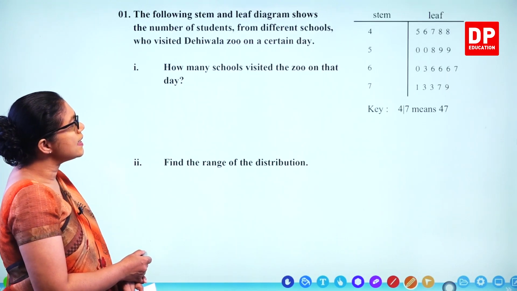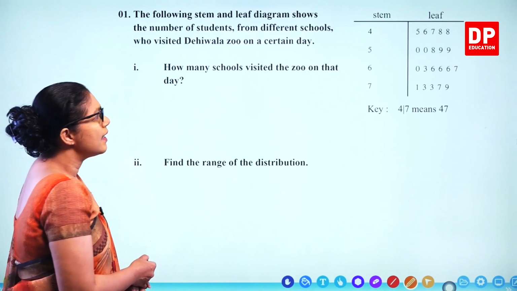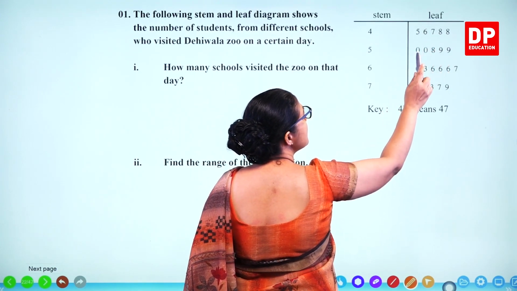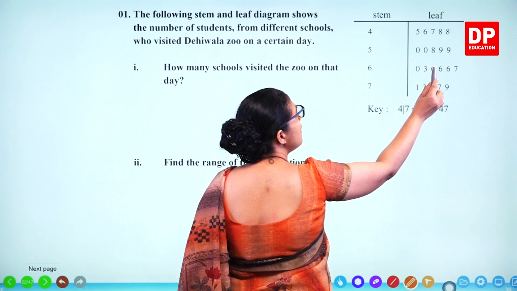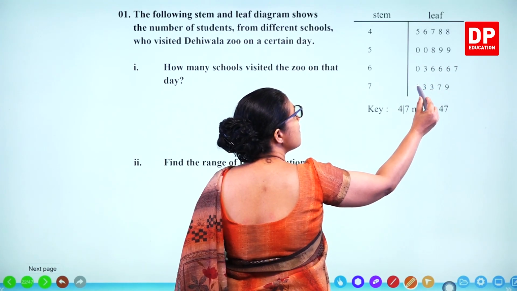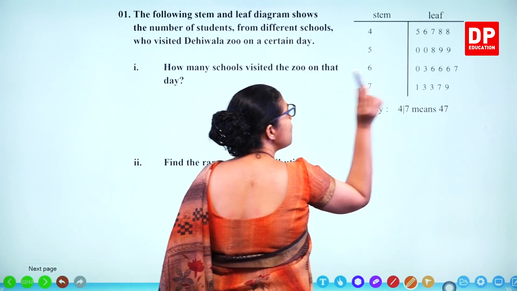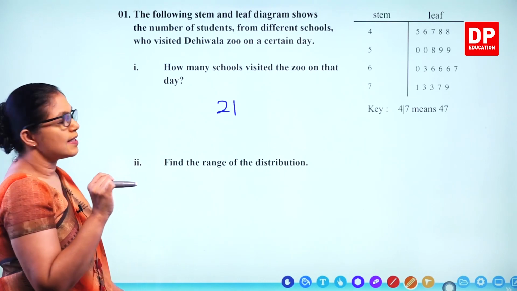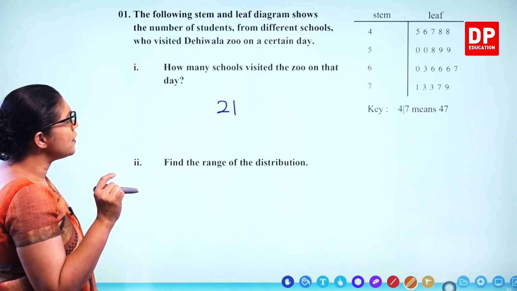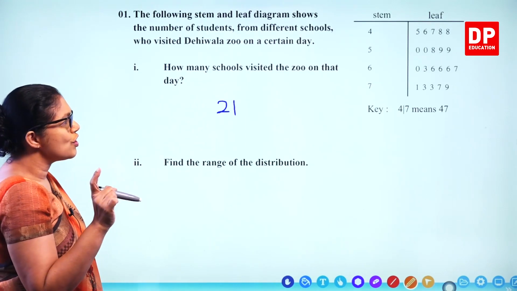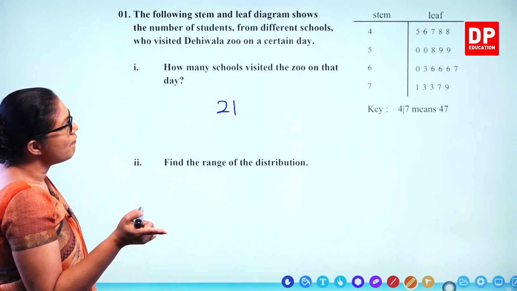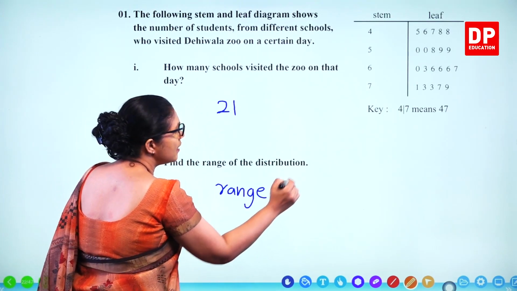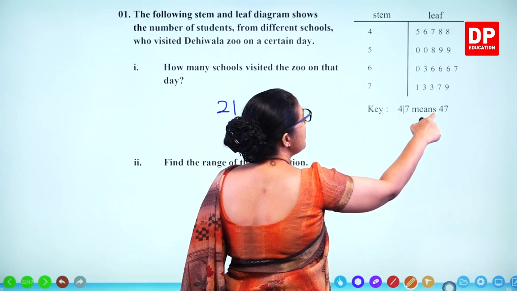How many schools visited the zoo on that day? So we can calculate, count how many are there. 1, 2, 3, 4, 5, 6, 7, 8, 9, 10, 11, 12, 13, 14, 15, 16, 17, 18, 19, 20, 21. So altogether 21 schools visited the zoo. Find the range of the distribution. How do you find the range? Range means maximum value minus the minimum. Now, the key is given. 4, 7 means 47.